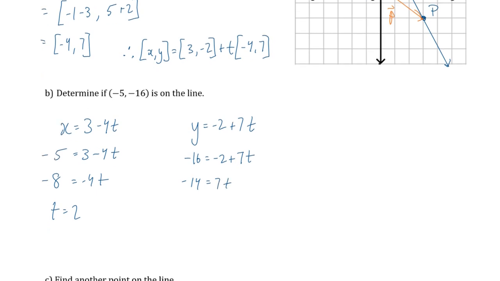And I divide both by 7, and I get t equals negative 2.